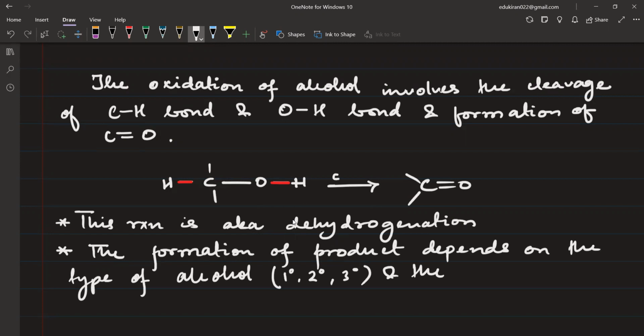For the next class, you just need to remember this line. This will be our starting point. The formation of product depends on the type of alcohol, 1 degree, 2 degree, or 3 degree, and the oxidizing agent, whether it is a strong oxidizing agent or a weak oxidizing agent.